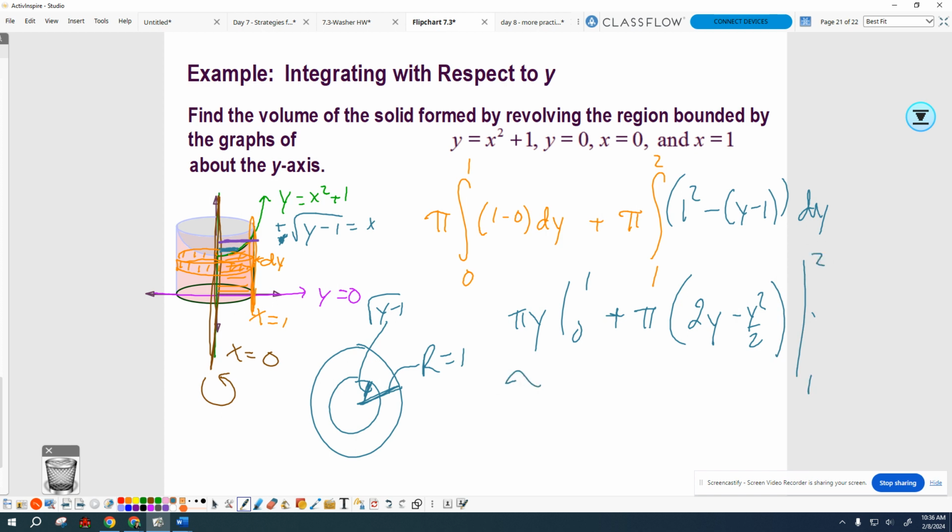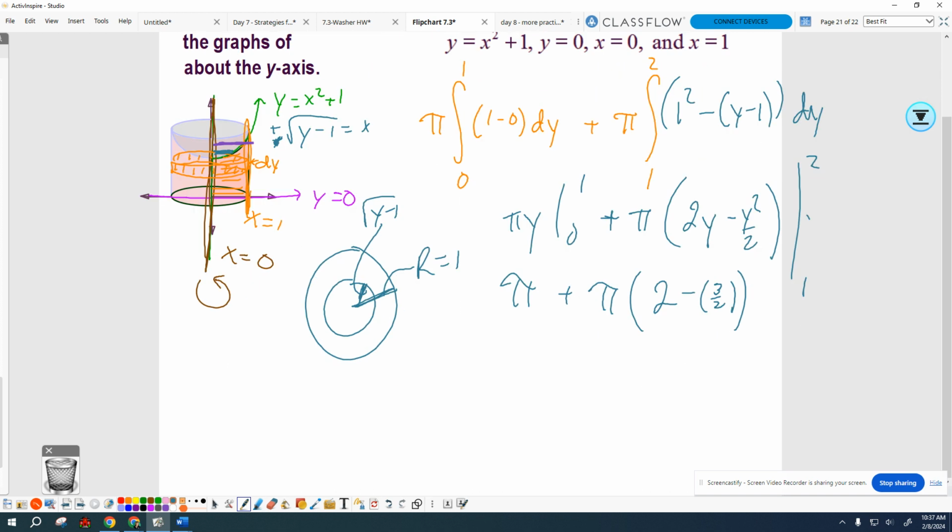So this one is pi, and this one is pi. 4 minus 2 is 2, and minus 2 minus a half. So 3 halves pi? I got 5/3 pi. Okay.